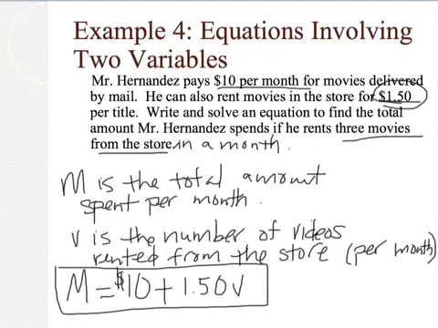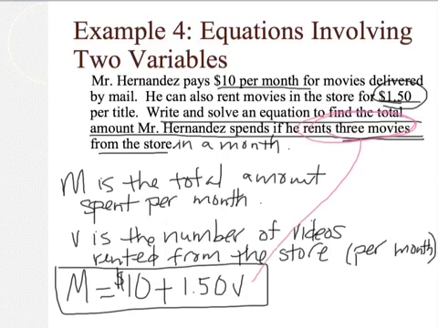And to use this equation, given a specific value, what was the value they gave us? They said write and solve an equation to find the total amount that Mr. Hernandez spends if he rents 3 movies in a particular month. So I'm going to circle that 3 so we can keep it in mind. He rents 3 movies, and I'm calling those movies videos. So I don't have 2 variables anymore. I'm going to plug that 3 right into that equation.